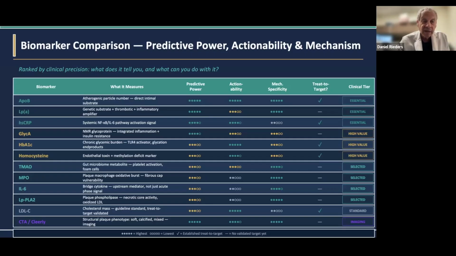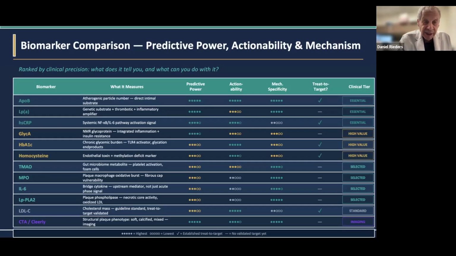Then the next valuable test would be an hsCRP. It's telling us about systemic inflammation, pathway activation. And then there's another one called GlycA, so hsCRP changes over days, and GlycA has a big, slower change. So it's a better marker of chronic inflammation where the hsCRP is more acute. And then, in terms of potency of prediction, a hemoglobin A1C, another inexpensive test.